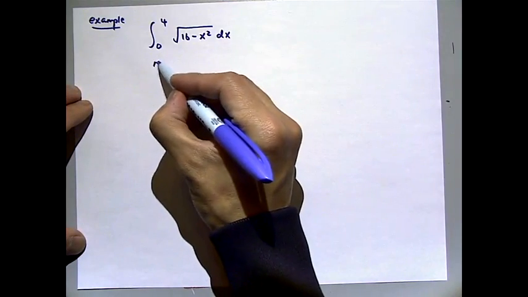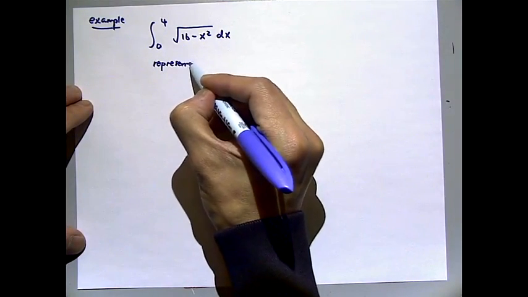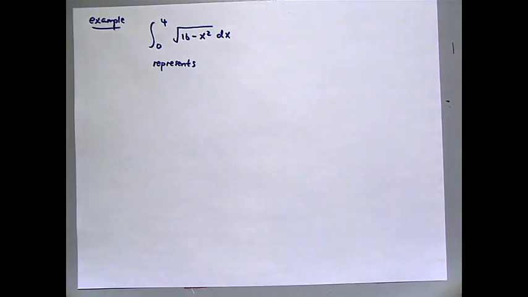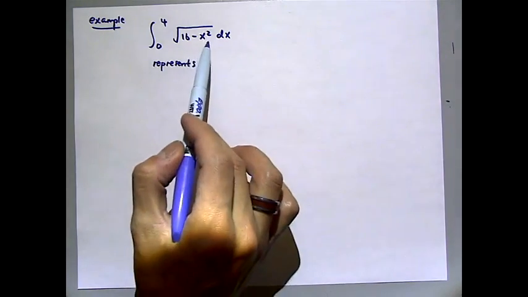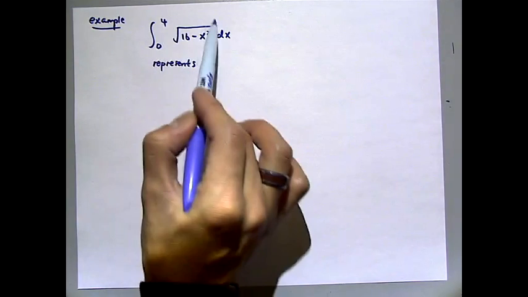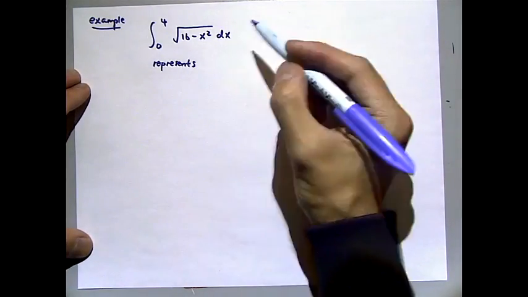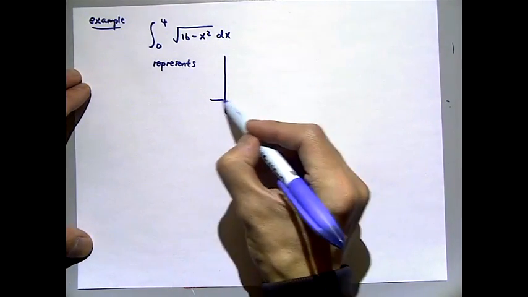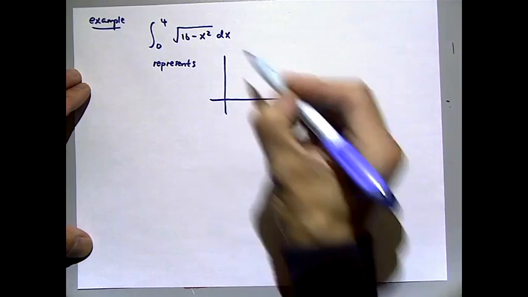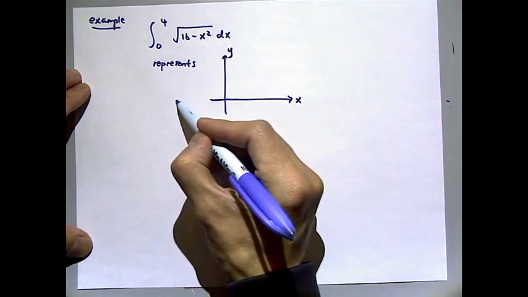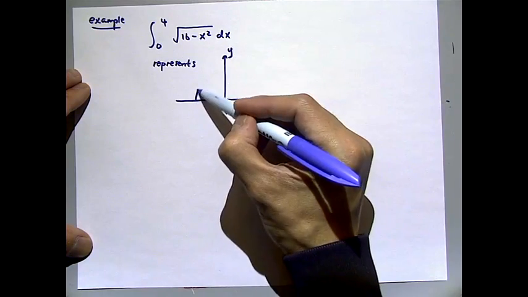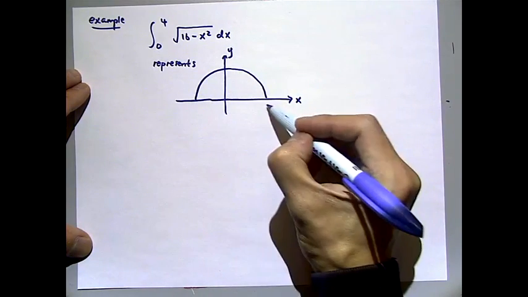Okay, let's think about what this is representing. Anybody recognize what this is? What shape this thing is? Radical 16 minus x squared. Circle. Yeah, it's a circle, right? It's the upper half of a circle with radius 4.